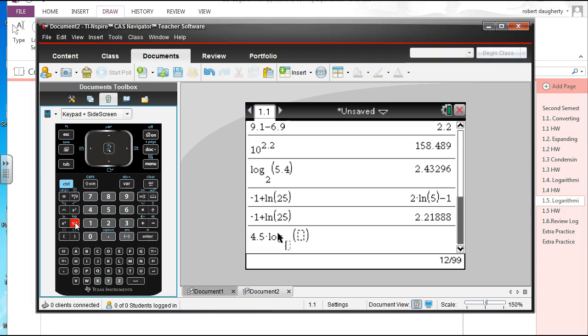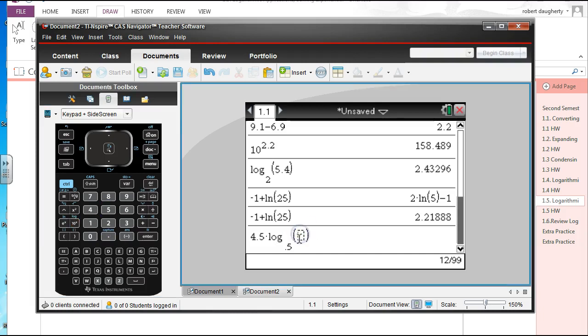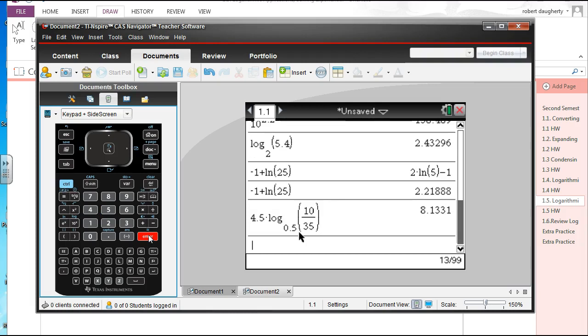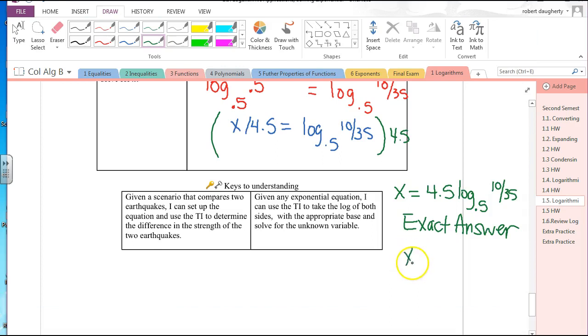Log base what? 0.5 of what? 10 divided by 35, and I get 8.1331. So that is my answer. So x is 8.1331. That's my approximate answer.